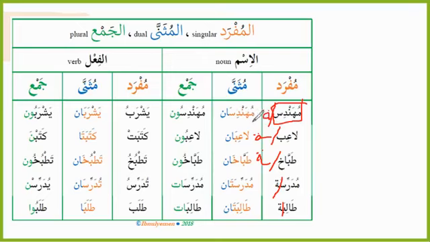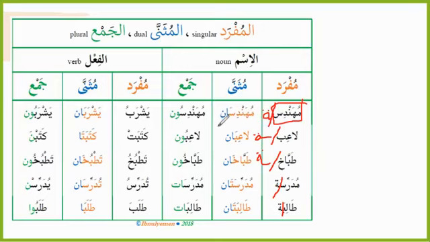So muhandisatan, if we're just adding the ta. If we are just talking about feminine, it's kind of like you're adding a tan right here. Imagine it right there, muhandisatan, if you are making them feminine.